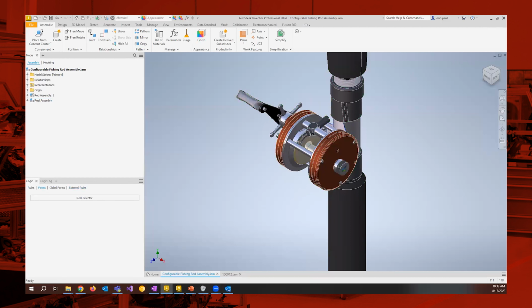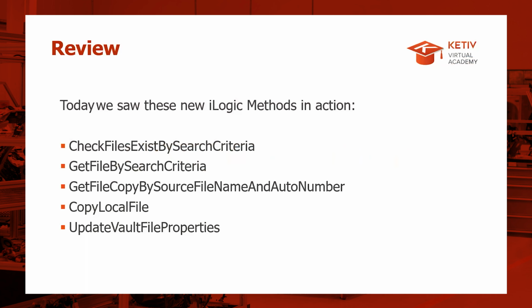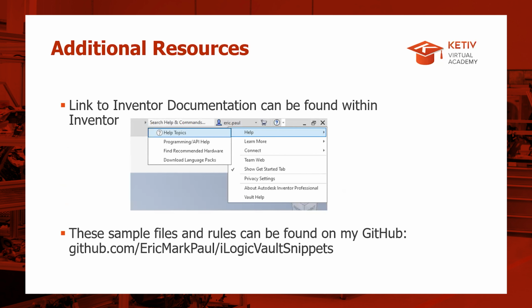Again, as a reminder, I think on the next slides here, we've got the specific methods that we looked at today. Just so as you guys are looking through the help or trying to find it the other way around, these were the very specific ones that we used. And again, if you're trying to find all of that stuff, go up to the help button, go to the help tab and then help topics.